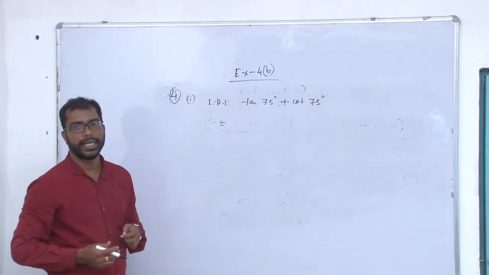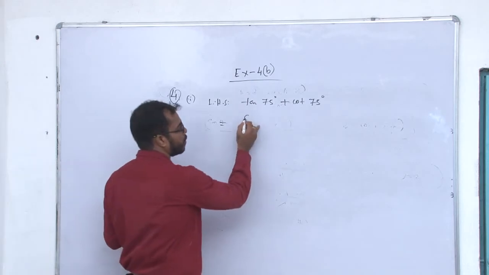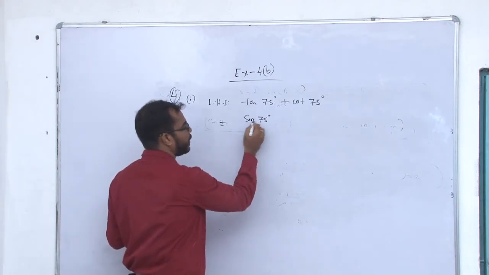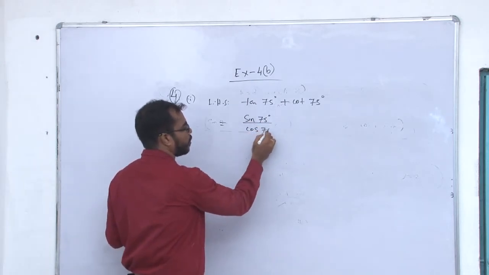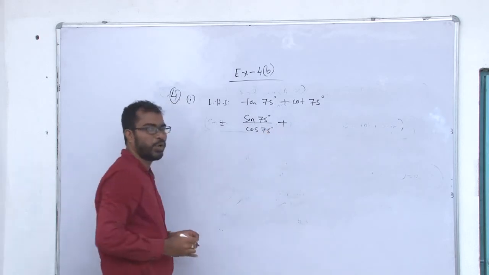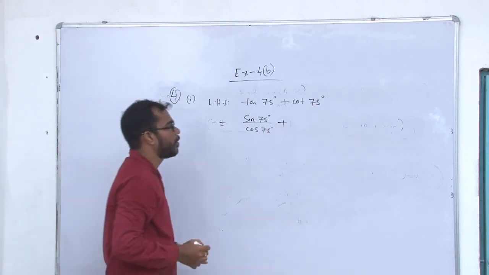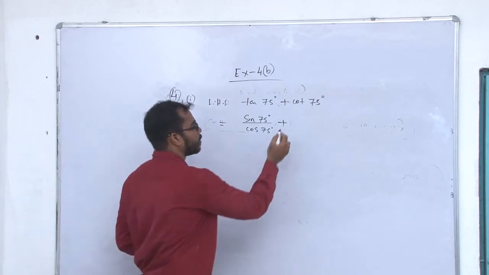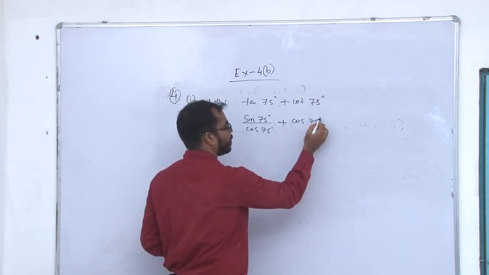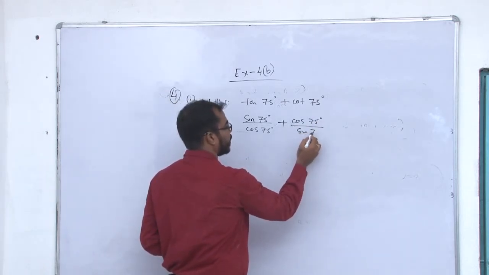So you can write tan 75 as sine 75 degree by cos 75 degree plus, and you can take this formula, cot 75, you can express as cos 75 degree by sine 75 degree.